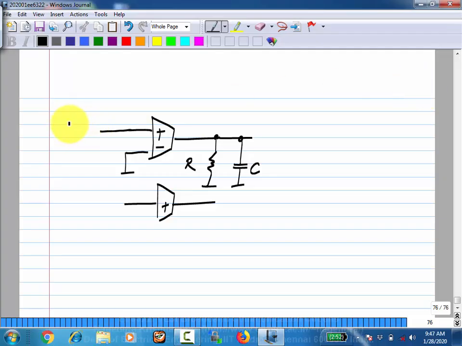Now imagine that I have an input Vi, and initially I will assume a constant input, that is an input that is not changing with time. Is this fine? So if I apply a constant input or a step input, this denotes that I am starting the process at this time. What happens to the output voltage?